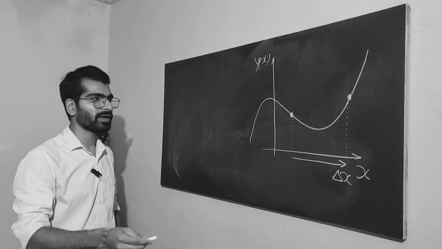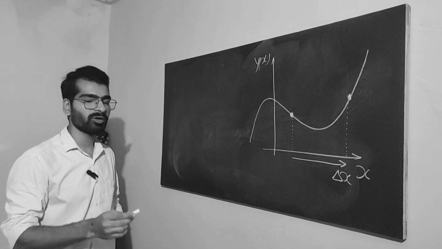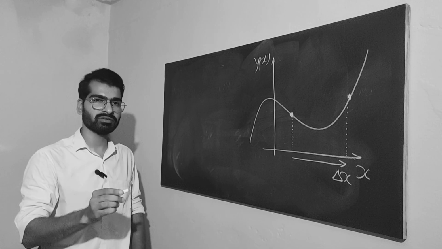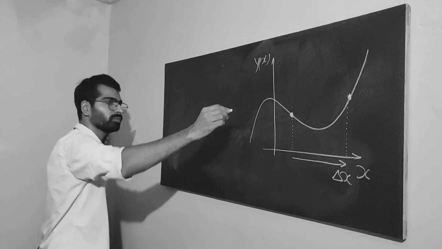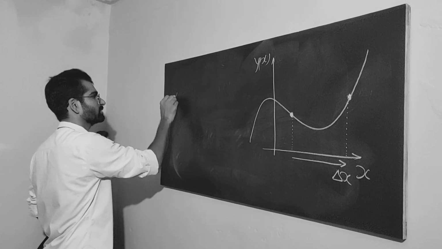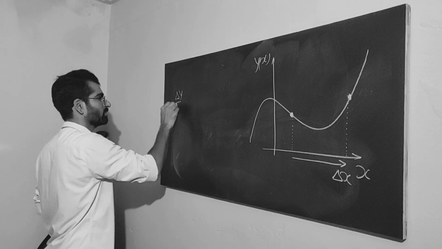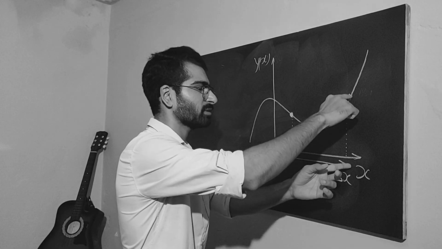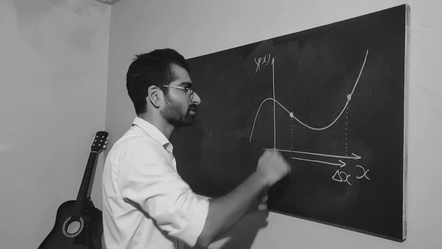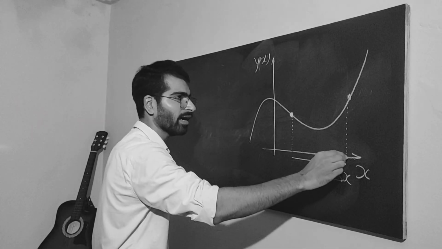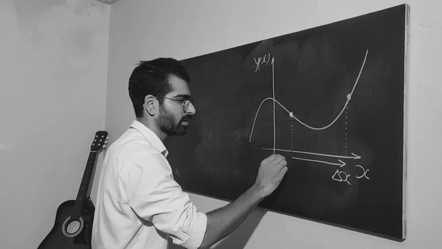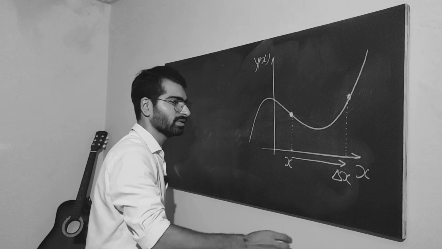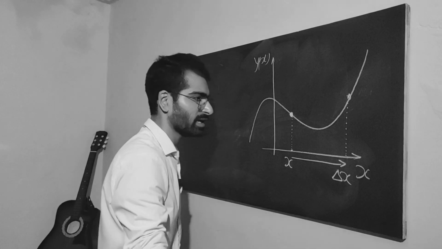So before I can find your instantaneous slope, I'm going to look at the average slope. The average slope between those 2 points is delta y over delta x. Well, delta y is the height difference between this height and this height. By the way, if you call this point x, then this point will be x plus delta x.